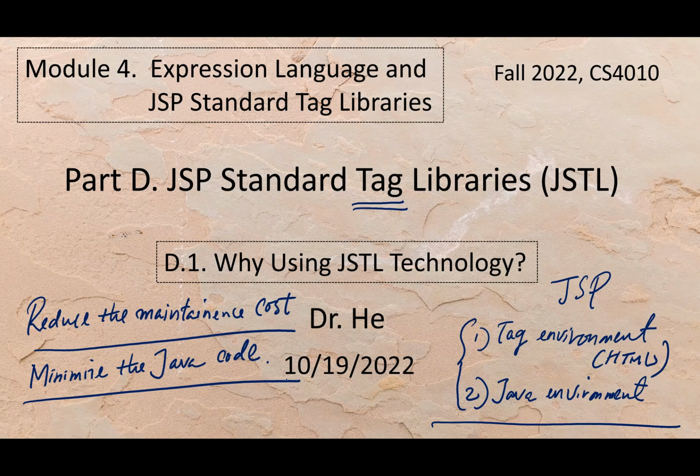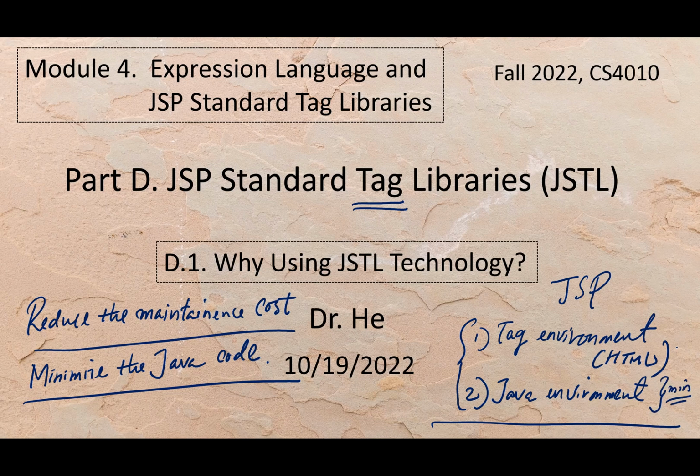In that way, you can improve your productivity. So minimize the Java code. That means minimize part 2. So you try to work in part 1, the tag environment.